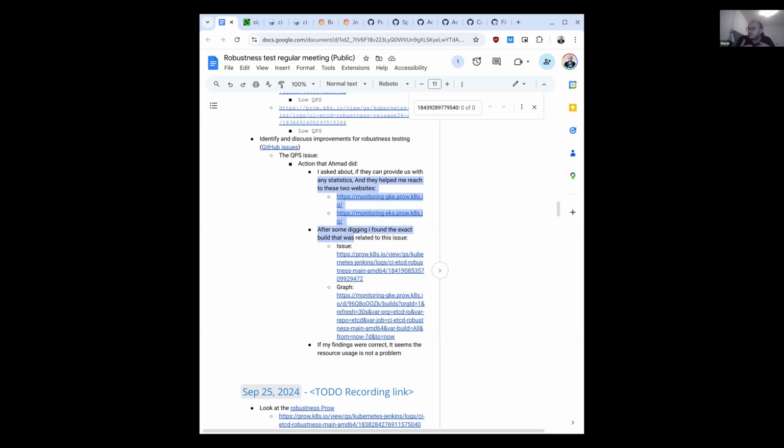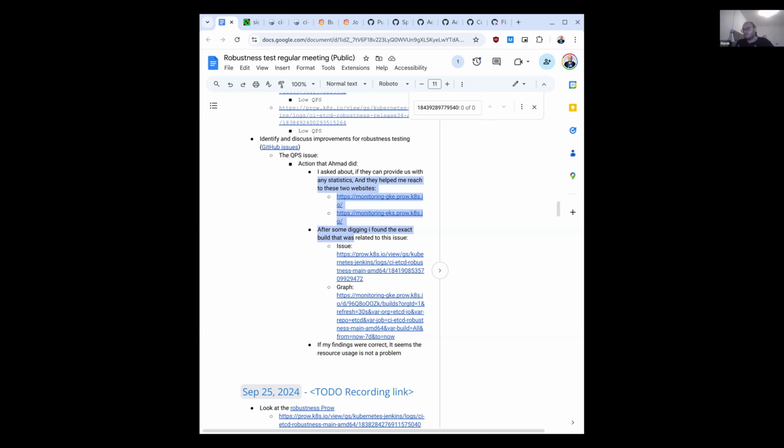This is part of the idea that we are going from tools that are better, more widely used and documented, to self-hosted Kubernetes tools. It means there is a lot of knowledge sharing and documentation that we need to do for ourselves.